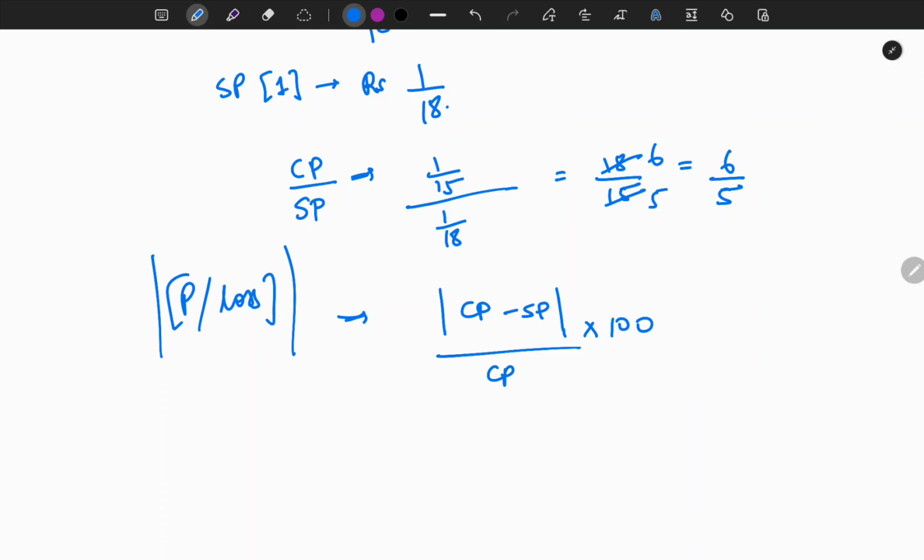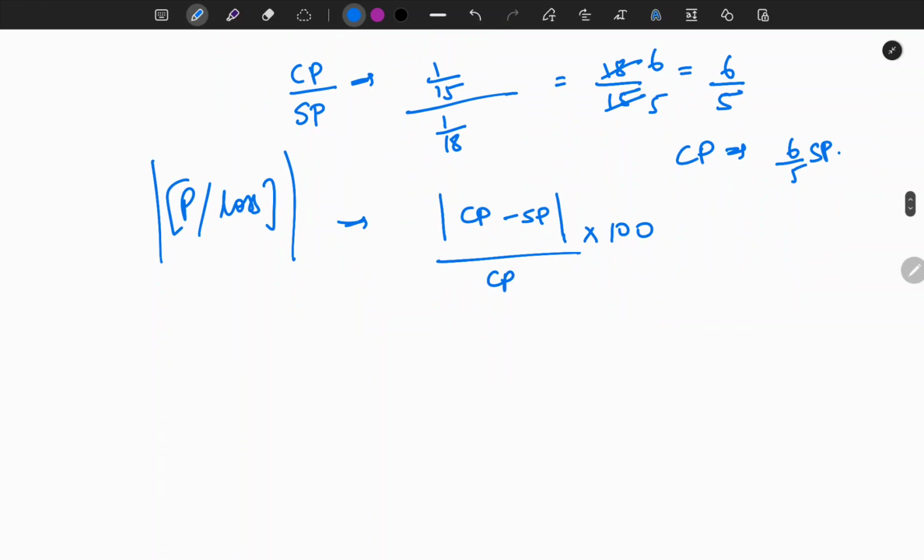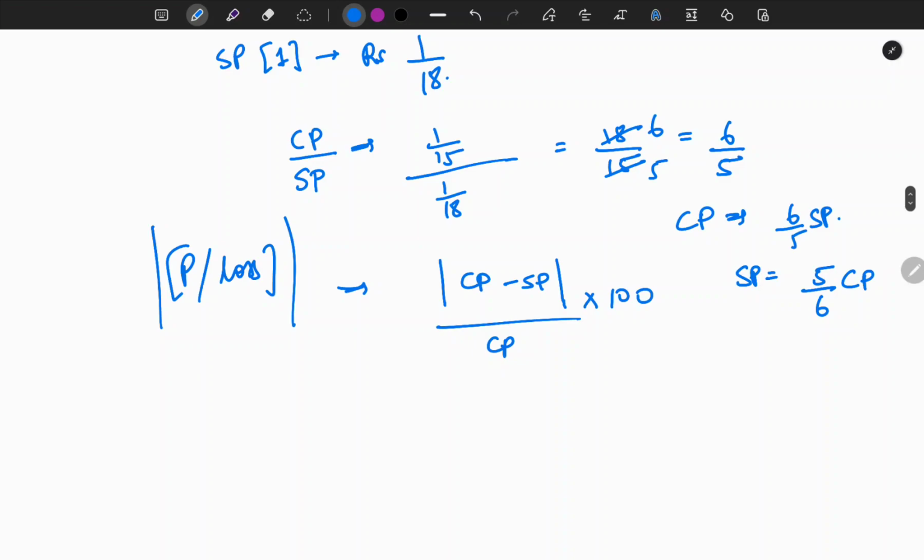Let's assume one of them as a variable. So cost price is equal to 6 by 5 selling price, or we could write selling price is equal to 5 by 6 of cost price. So now it would be (cost price minus 5 by 6 cost price) upon cost price into 100.